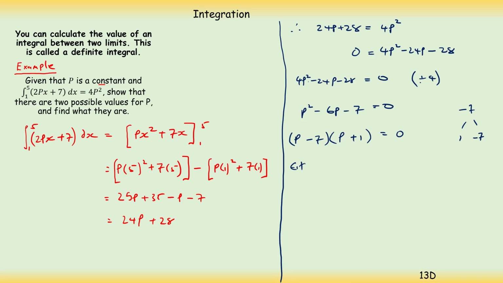So either p minus 7 equals 0 or p plus 1 equals 0, which implies that p is equal to 7 or minus 1. Okay, so those are our two possible values.